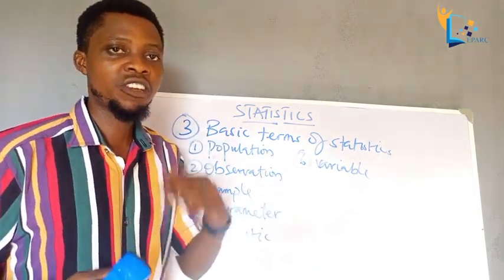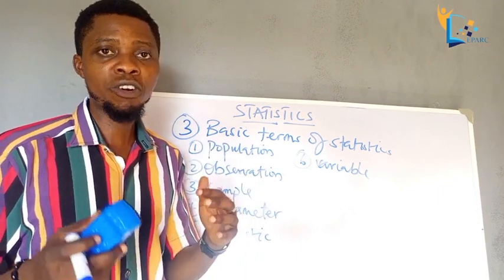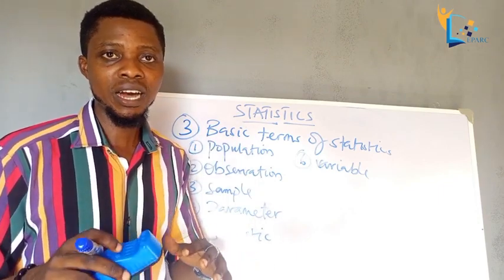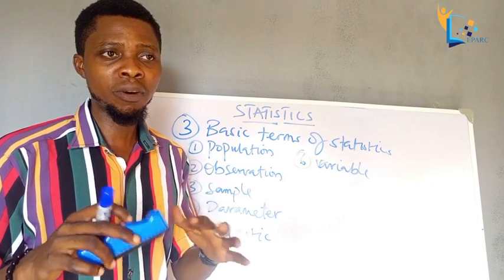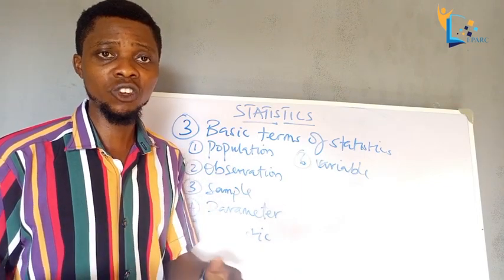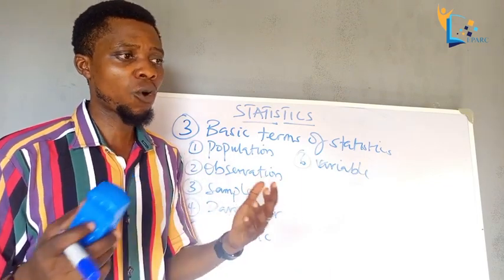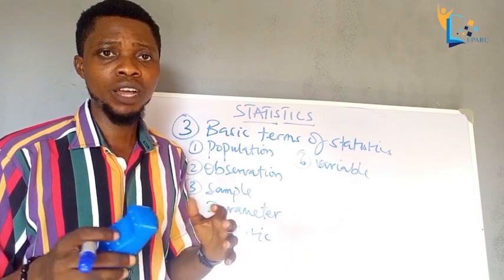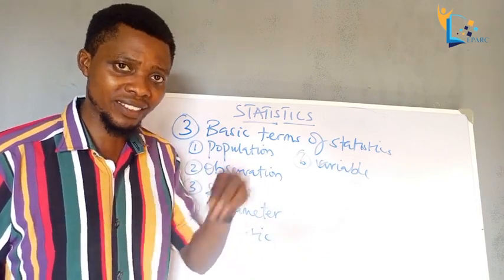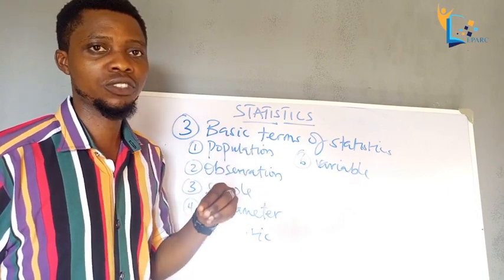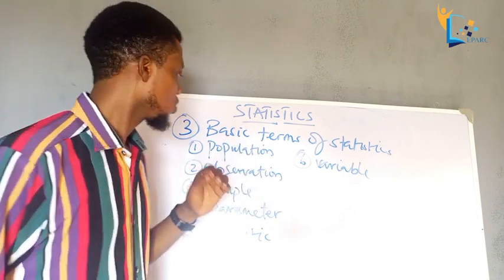Again, if you are trying to ascertain the number of plants in a particular location, or the number of plants for a particular experiment, the plants there are the population. Do you understand? All right, that's that.